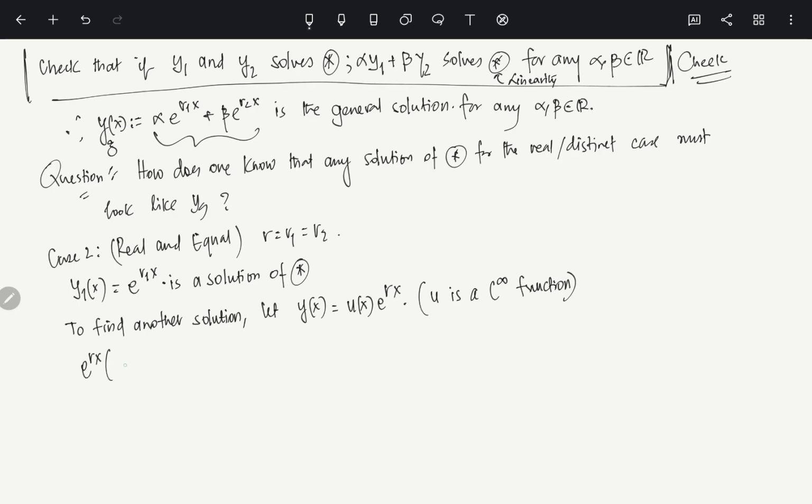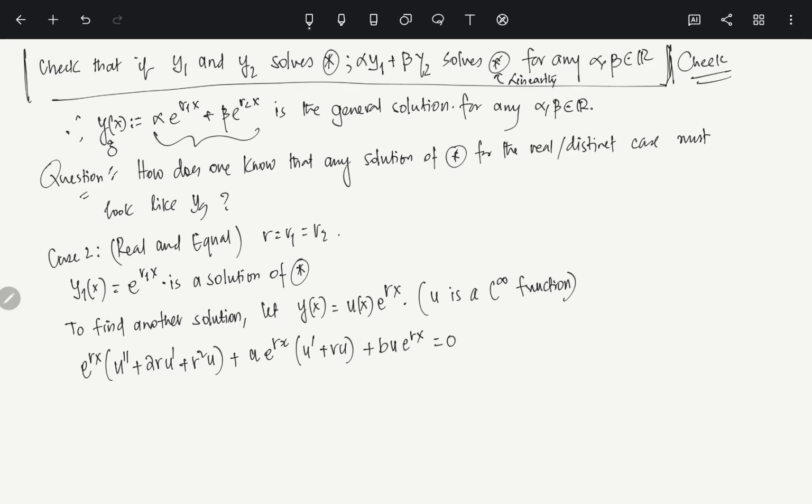It becomes e power r x times u double prime plus 2r u prime plus r square u, plus a times e power r x times u prime plus r u, plus b u e power r x, equals 0. Just by substituting the values of y prime and y double prime in the equation we get this. It's a very straightforward thing, nothing special is happening here.